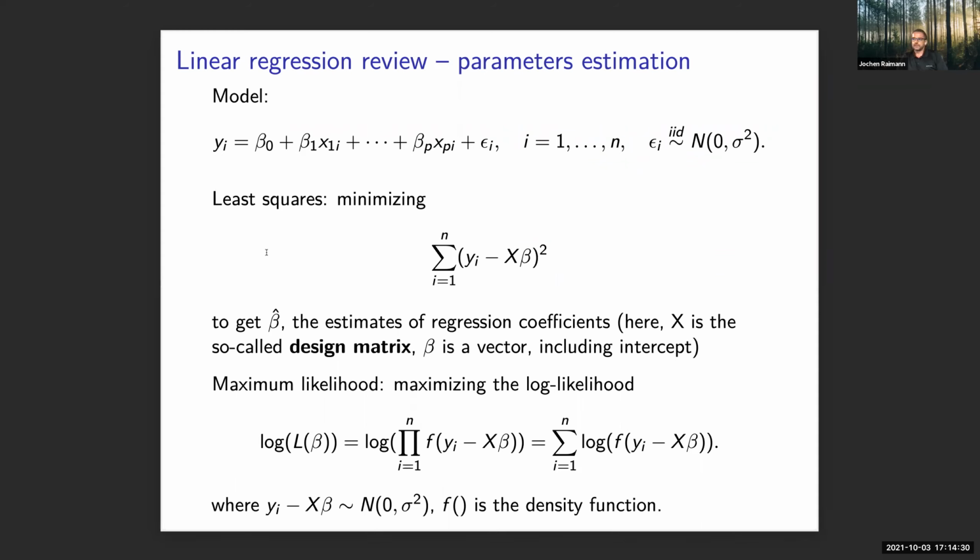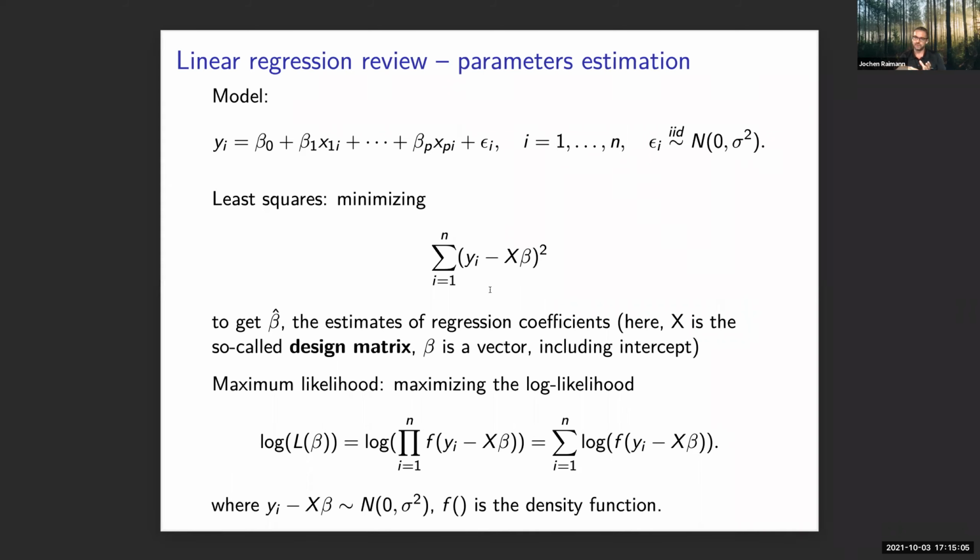So the model is designed as stated above. We have seen that on the last two slides. The least squares, which is essentially the fit of the model, will follow to minimize the sum of all squared deviations, and this is what we are seeing here. So it is the sum of yi minus x beta, squared.